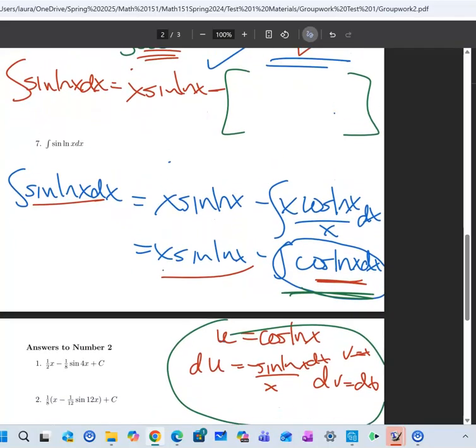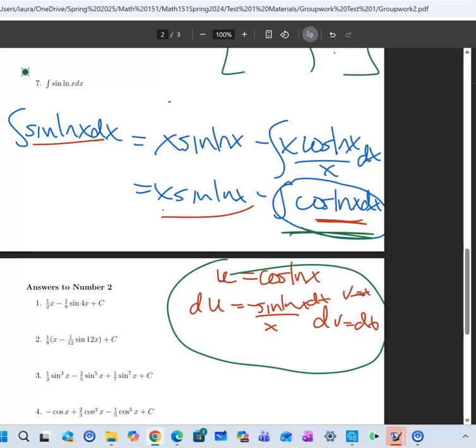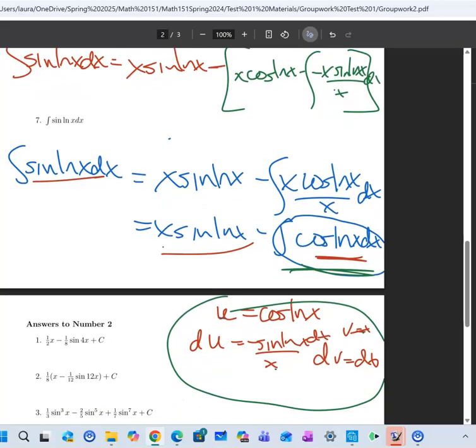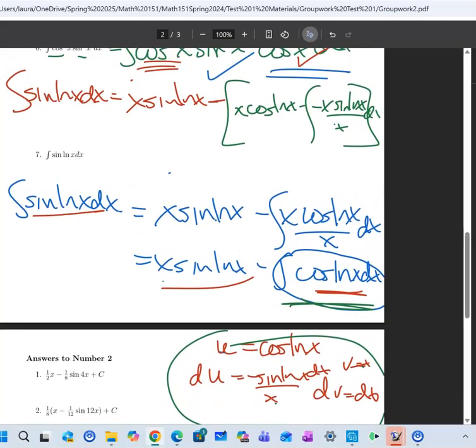uv, so I have x cosine of ln of x minus the integral of v du. So minus the integral of minus x sine ln of x over x and all the dx. Okay, let's be careful with all these negative signs, right?